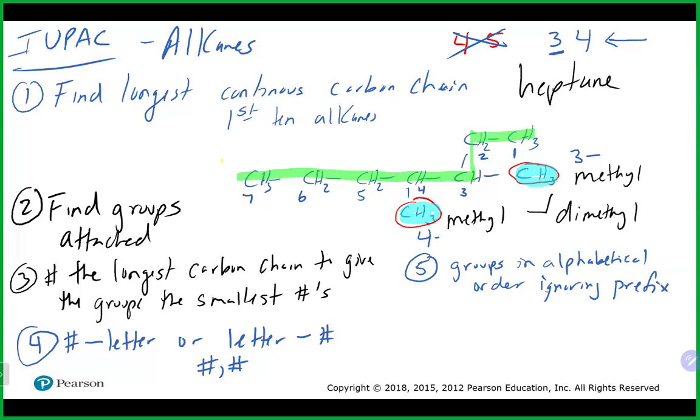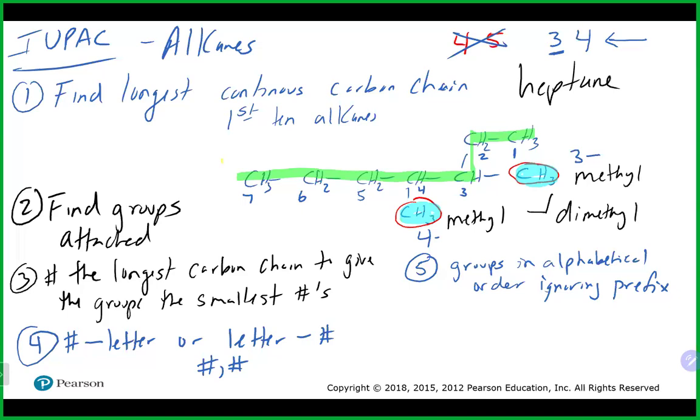If we had more than one different group, which in this particular case, the one I made up, we don't have, for example, if we had an ethyl group and a methyl group, when we go to name it, we would put the ethyl first, followed by the methyl name, regardless of the numbering. So you just go alphabetical based on the name, regardless of the numbering. So the ethyl group could actually have a higher number, but still come first because alphabetically it comes before, obviously, M.